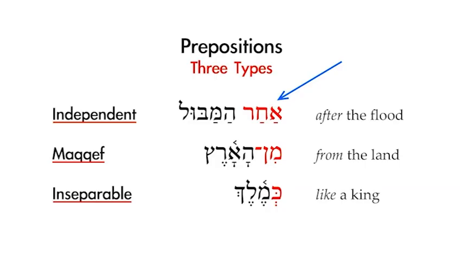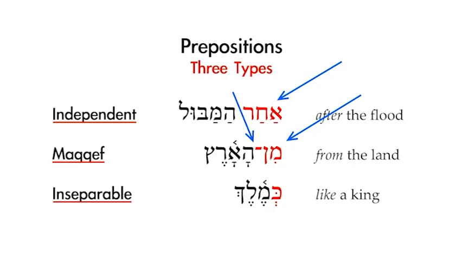The preposition occurs at the beginning of the prepositional phrase and its object follows, but the preposition is its own independent word. Our second example, min haaretz, from the land, appears as a preposition and its own independent word, but it's joined by this small horizontal stroke known as the makef.